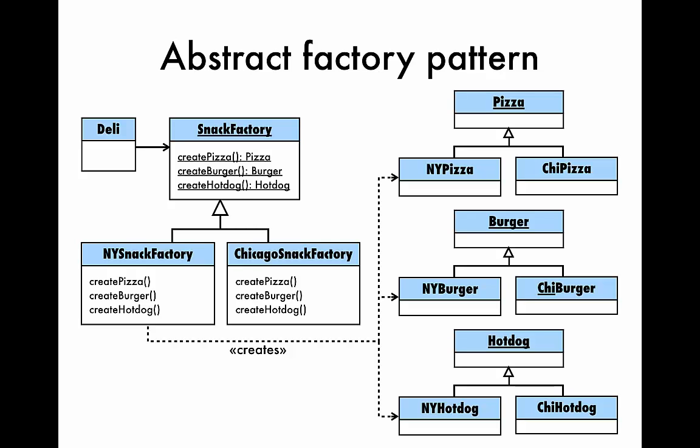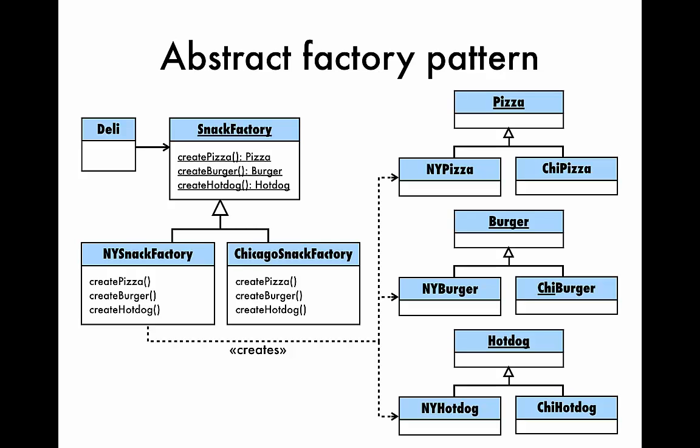However, a more common form of the abstract factory pattern creates families of related objects rather than one kind of object. Here, for example, instead of just creating pizza objects, the various factories create pizza, burger, and hot dog objects.